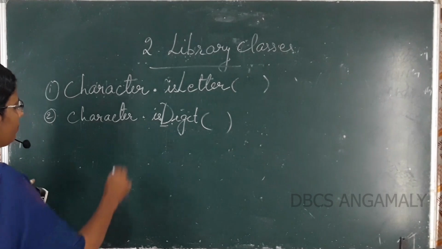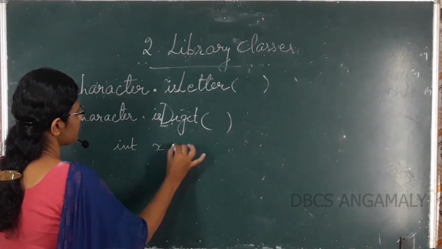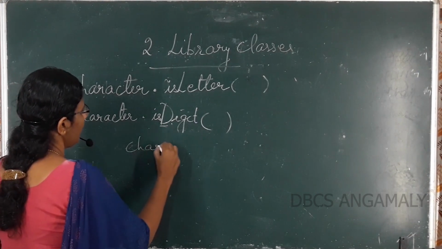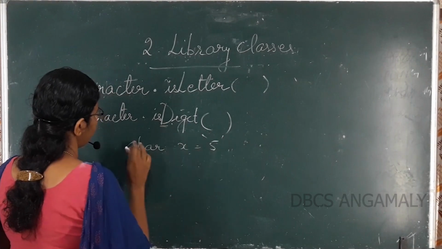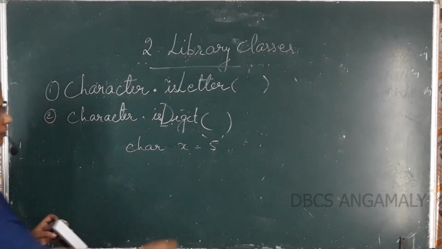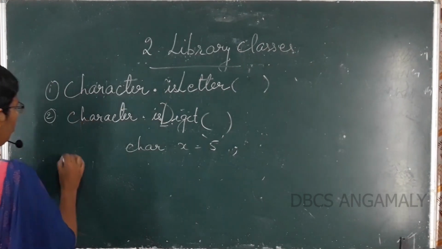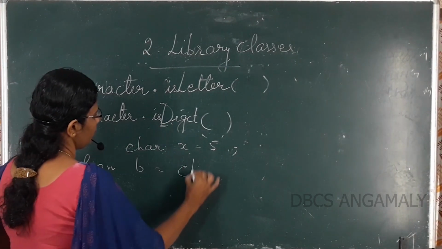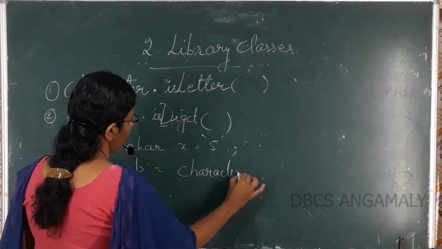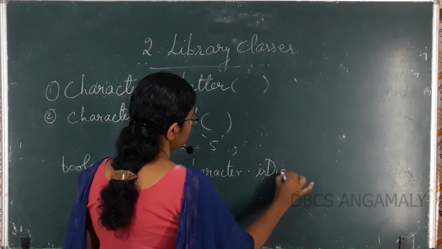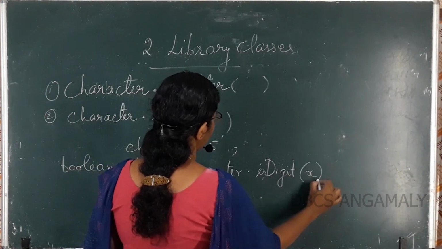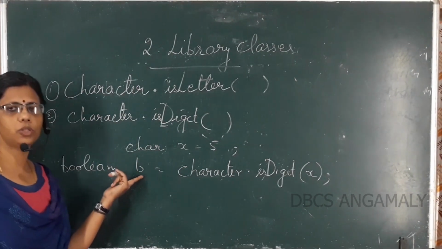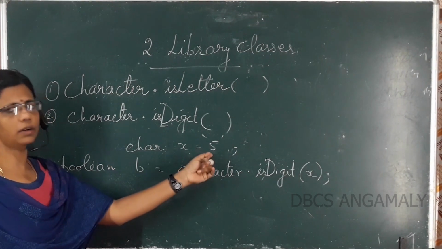For example, if I have char x is equal to 5, and now I check boolean b is equivalent to Character.isDigit of x, what will be stored in my b? My b will be stored as true because here 5 is a number.